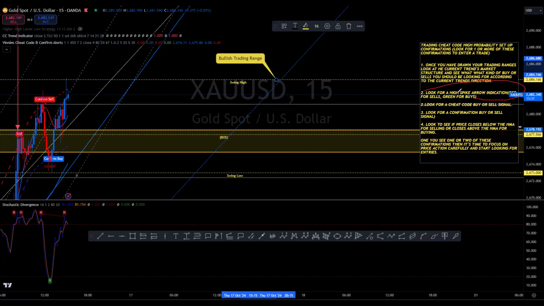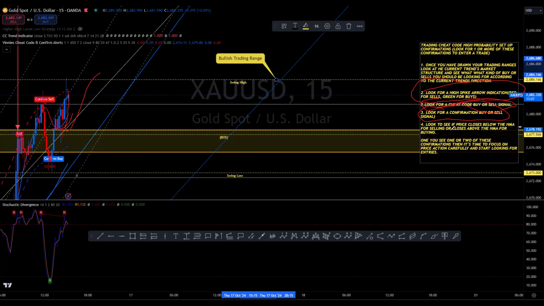We're looking for one or two confirmations: either a high spike arrow indication for a reversal, a cheat code buy or sell signal, or a confirmation buy or sell signal. Price is above the HMA, so that lets us know that price is still overall bullish. So even if price pulls back, if it's still above the HMA, then it might still be ready to buy up. So those are the confirmations we're going to be looking for.